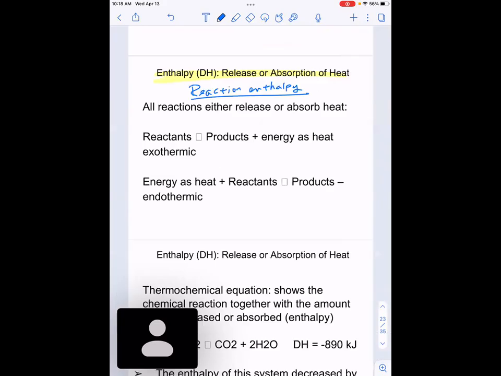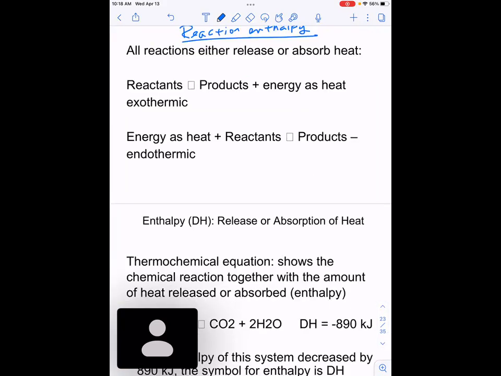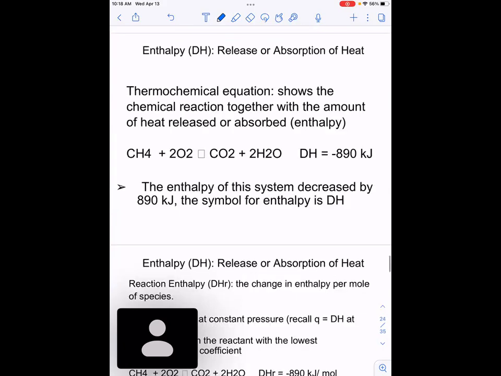Right, so we've already talked about exothermic and endothermic. We've already talked about how when reactions happen, they either absorb heat or they release heat. And with that being said, we've already talked about the thermochemical equation, how to write that. The way you write it is to first balance the equation, and then go in and calculate the delta H using Q. That's how we're able to calculate that.